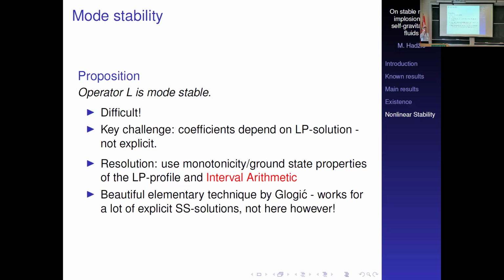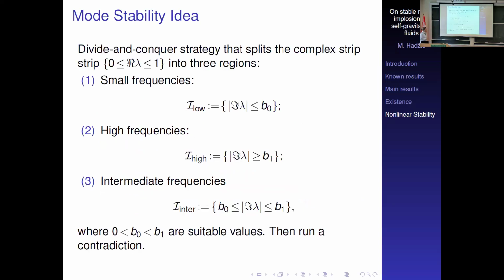There's a beautiful technique by Glogic that allows you to prove mode stability for a number of explicit self-similar solutions, which arise typically in these semilinear contexts, but it doesn't work here, precisely because the coefficients are not explicit, and you need to know a lot about the coefficients.